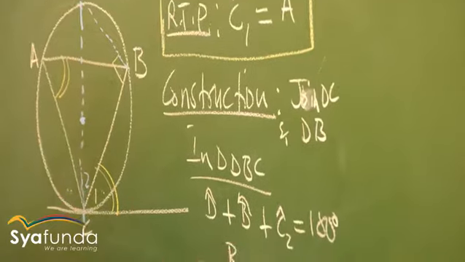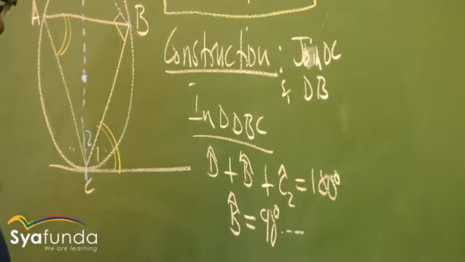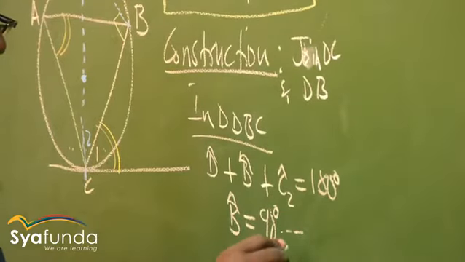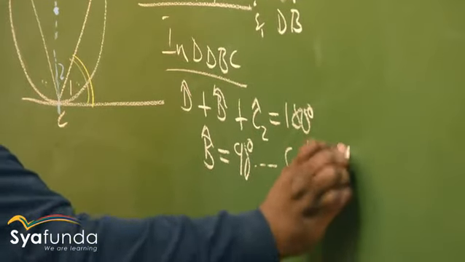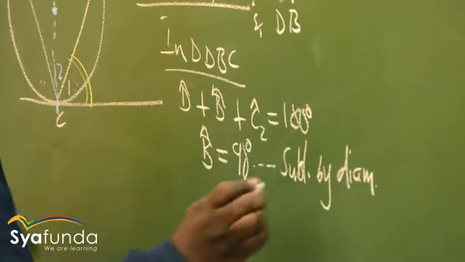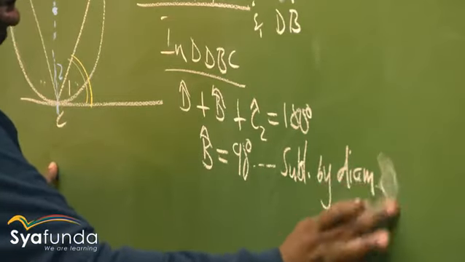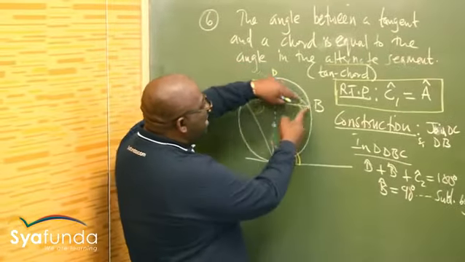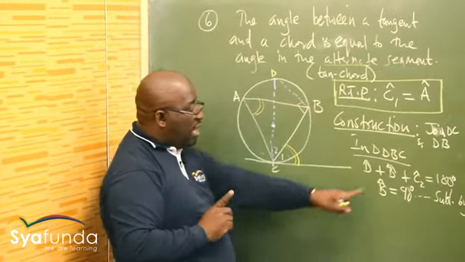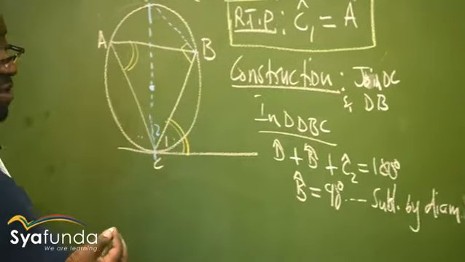And B is equal to 90 degrees, subtended by the diameter. What is this diameter? DC. Subtended by the diameter DC. Now, any angle that is subtended by the diameter at the circumference is 90 degrees. That's why I'm saying angle B is equal to 90 degrees. Right, what else do we have here?